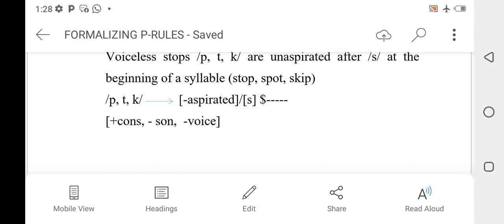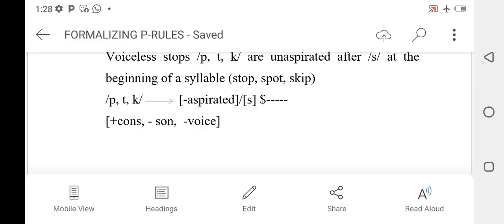We will explain that later when we are looking at distinctive features. So just remember that this is plus cons, which is plus consonantal, minus son, which is minus sonorant, minus voice. You already know what voice is. You know what consonantal is, it means that it is a consonant.